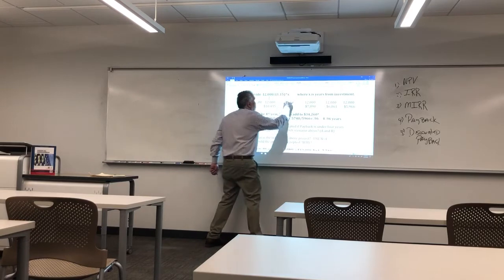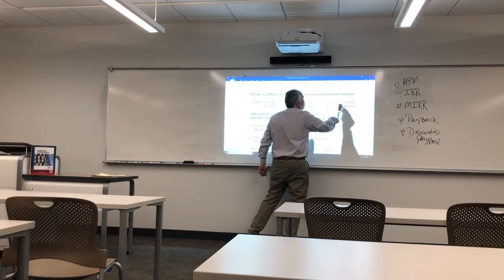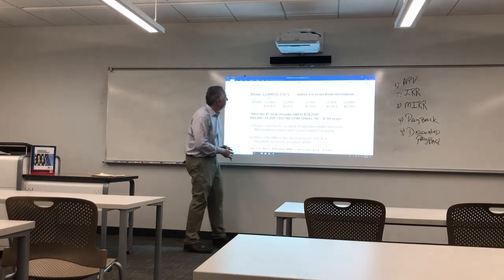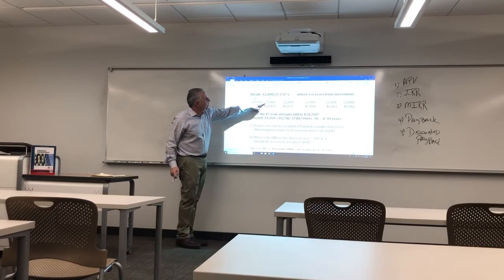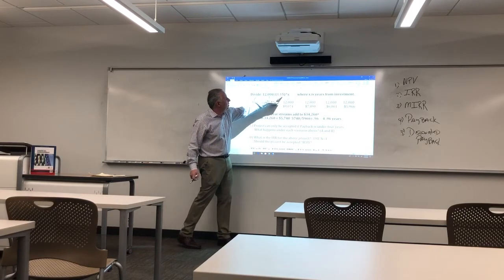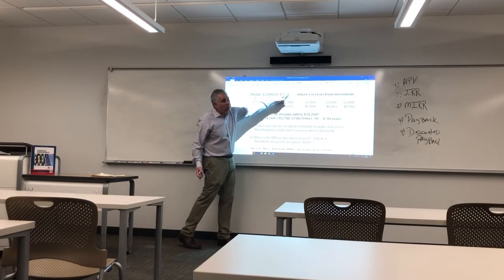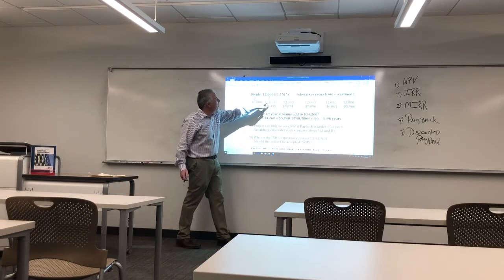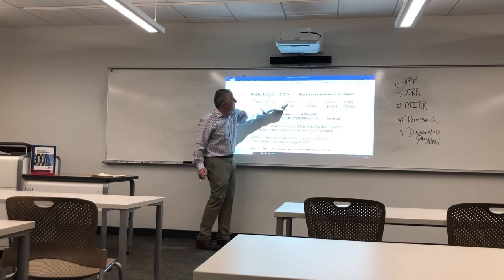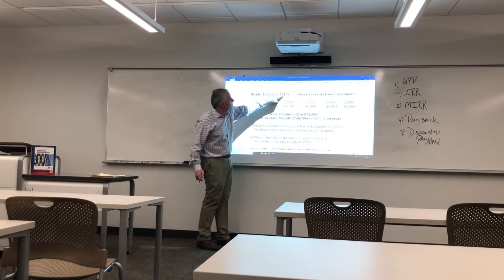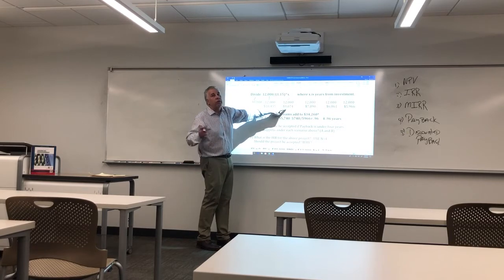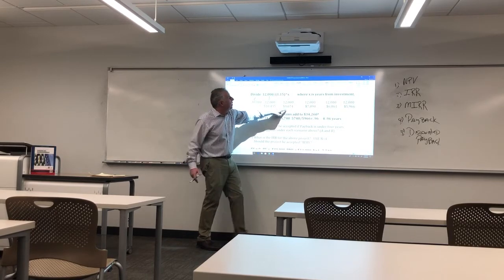This is year 1, year 2, year 3, year 4, year 5. So 12 grand divided by 1.15 to the first power, that's itself. 12 grand divided by 1.15 is 10,435. 12 grand divided by 1.15 to the second power, 9074. When you're discounting, divide. And so on.